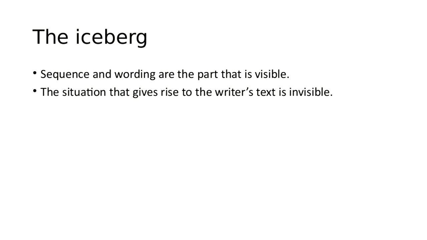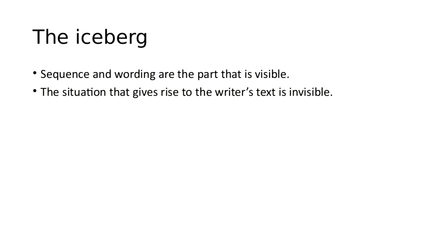So just in conclusion, I wanted to expound a little bit on the author's idea of the iceberg. So she compares this act of writing to an iceberg. And as we know, icebergs are usually 90% underwater and roughly 10% visible. So she says that the sequence and the wording are the part that is visible.